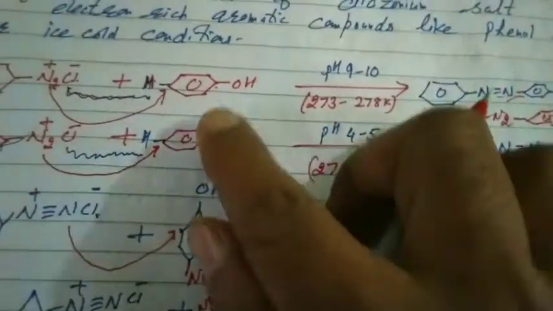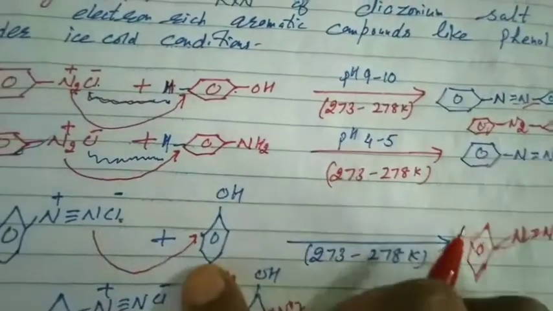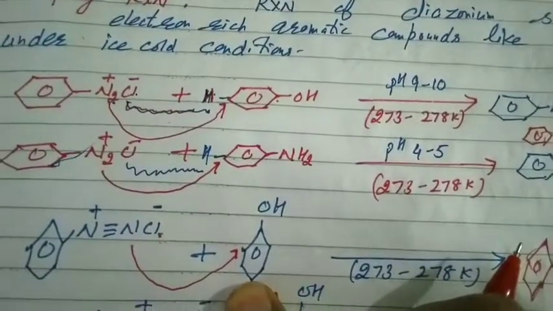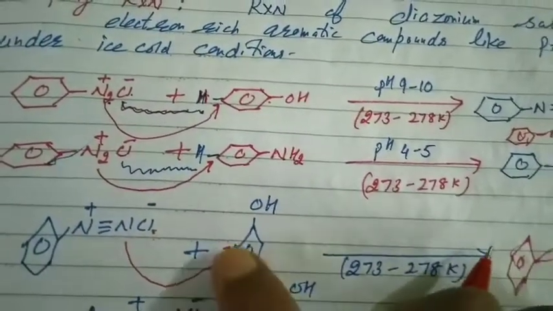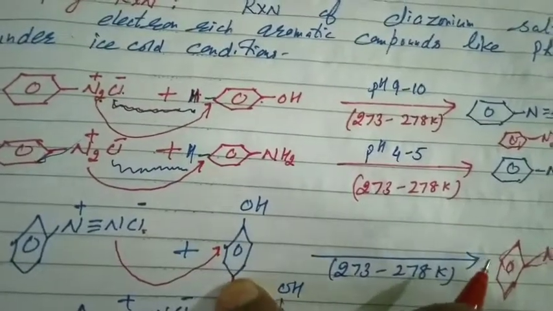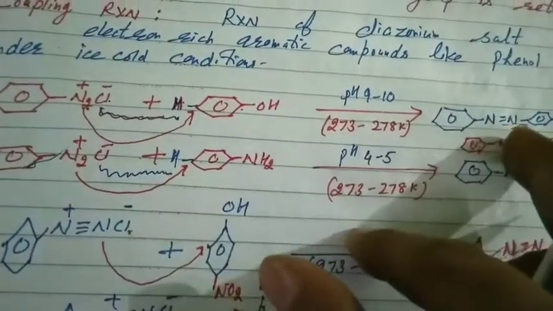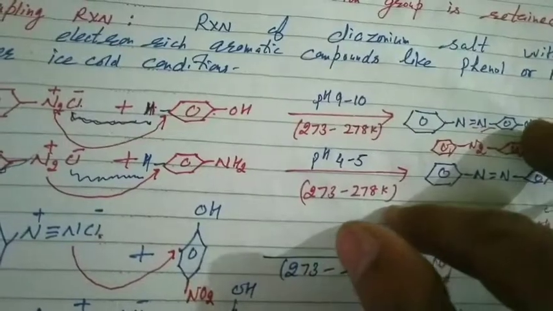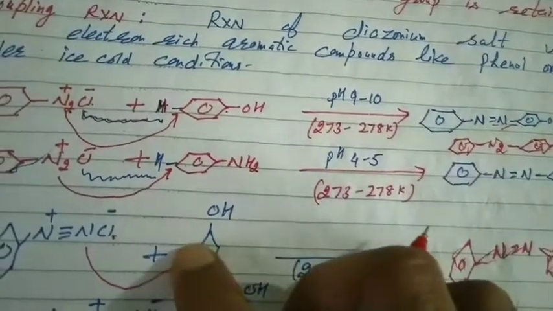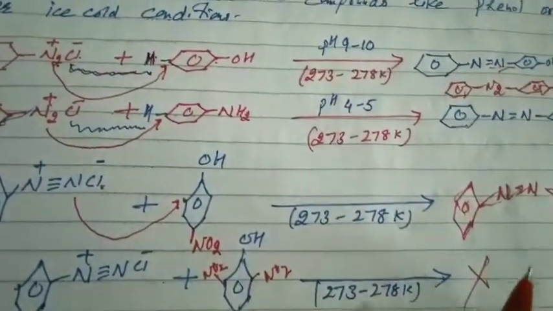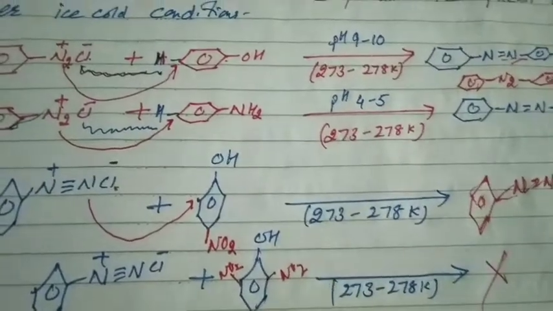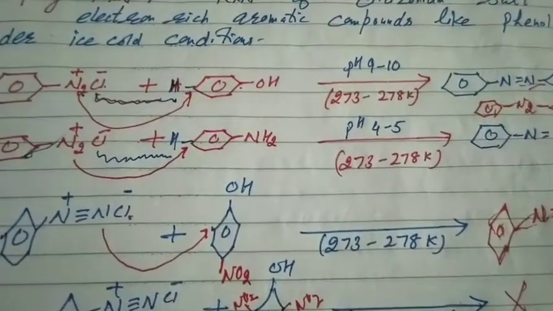First, at para position always. That is given to you. Coupling where? At para. But if para is blocked, then coupling at ortho. If it is free, then para position, C6H5N2C6H4OH. Para is blocked, then at ortho position. If all ortho and para are blocked, coupling reaction does not take place. That's all. Thank you.